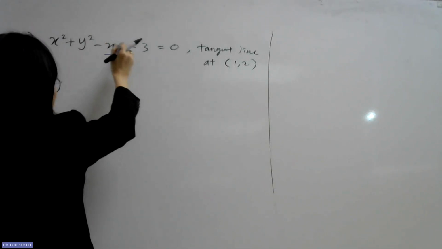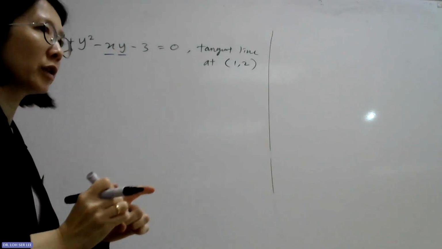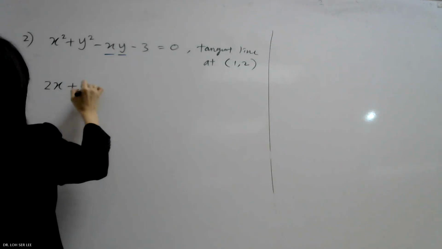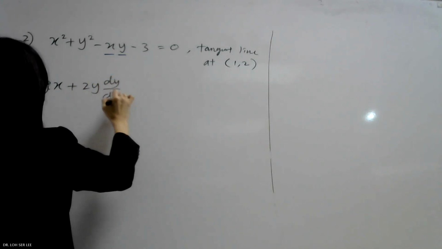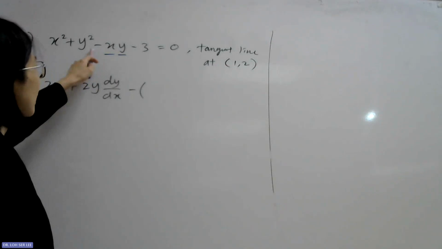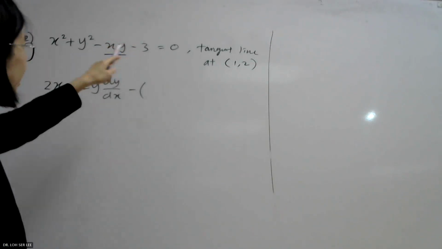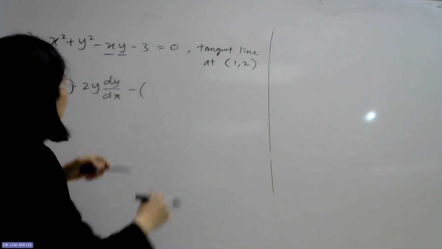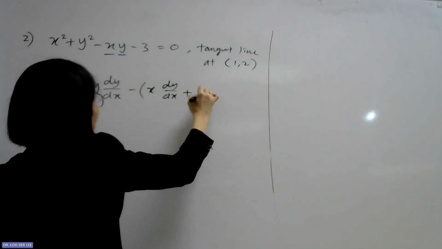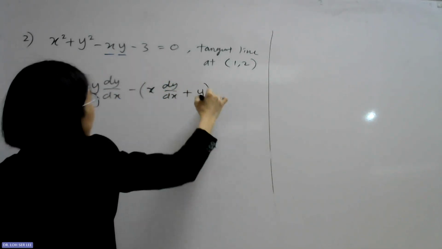Okay, you have to use the product rule for the xy. Keep the bracket because you have a minus sign here. Minus, keep the bracket, copy, differentiate, copy, differentiate.